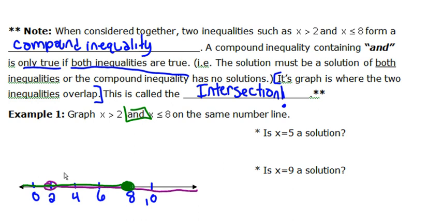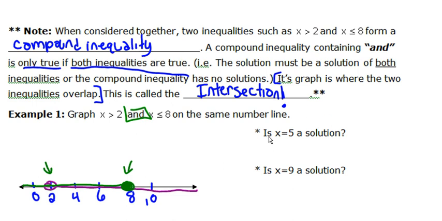What that means is the number that you pick has to work for both inequalities. The easiest way to see this on the graph is where your two lines overlap. If you notice, in between our circles, our 2 and our 8, you can see both the green line and the purple line. That's where the two inequalities overlap, or where they both have solutions.